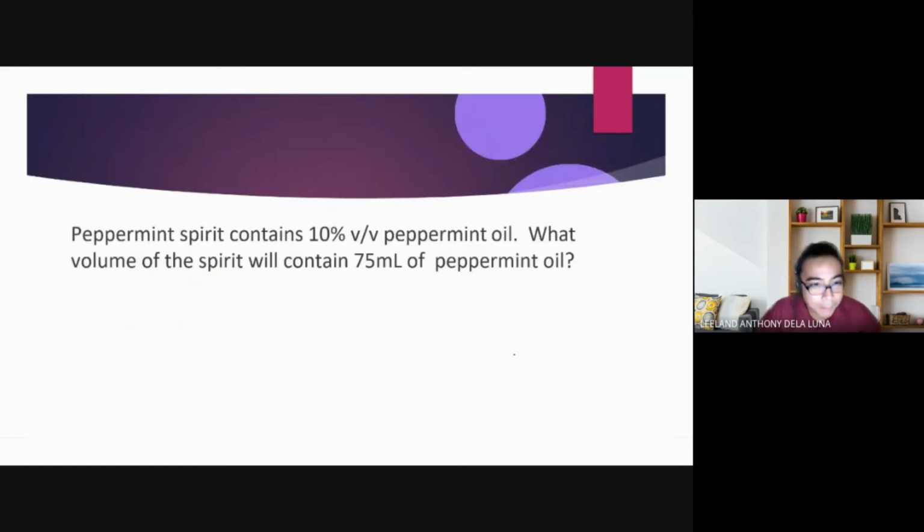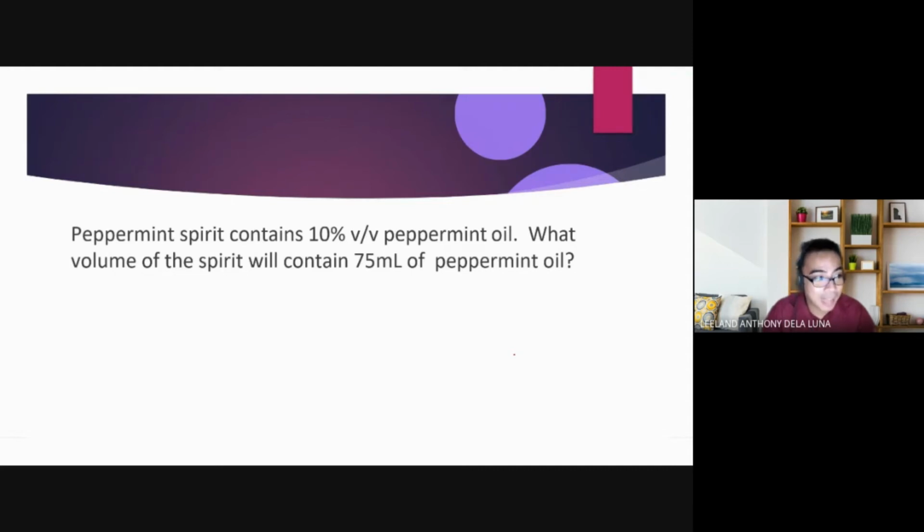Okay? So, halimbawa, peppermint spirit contains 10% volume per volume of peppermint oil. What is the volume of the spirit that will contain 75 ml of peppermint oil? Okay? So, this time, class, anong hinahanap dito? Okay, gagawa raw tayo ng peppermint spirit na 10% volume per volume. Ngayon, ang gusto kong gamitin na total amount ng peppermint oil is 75 ml.